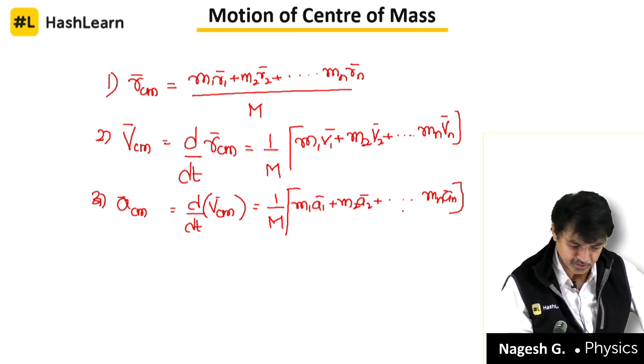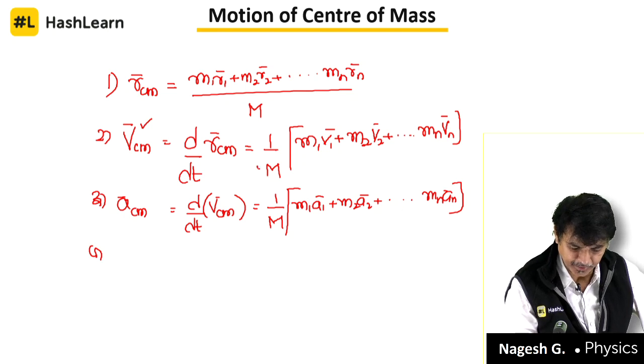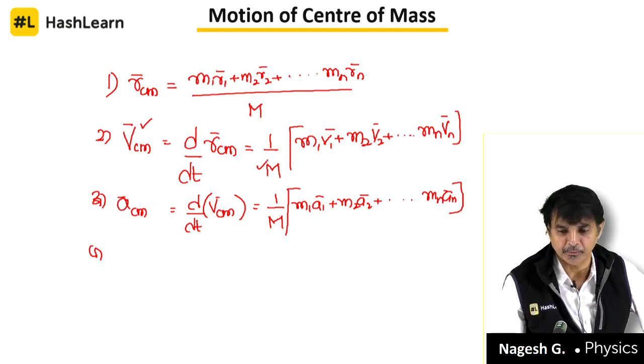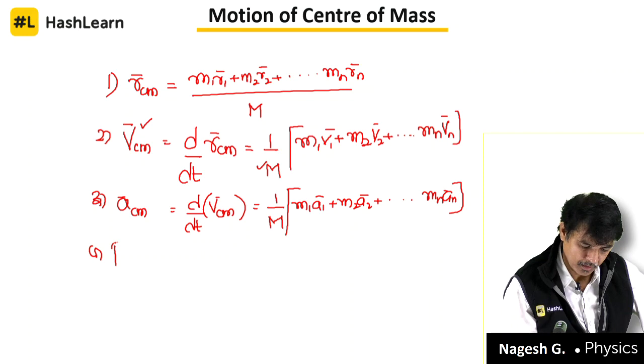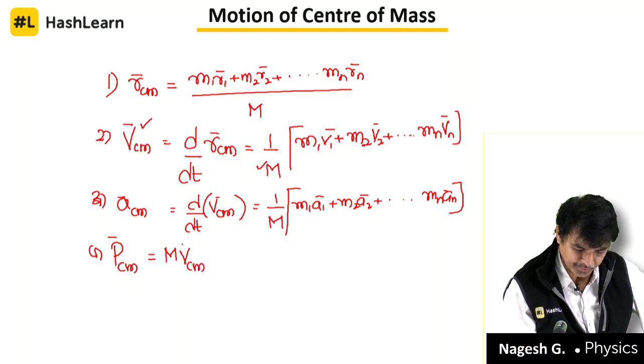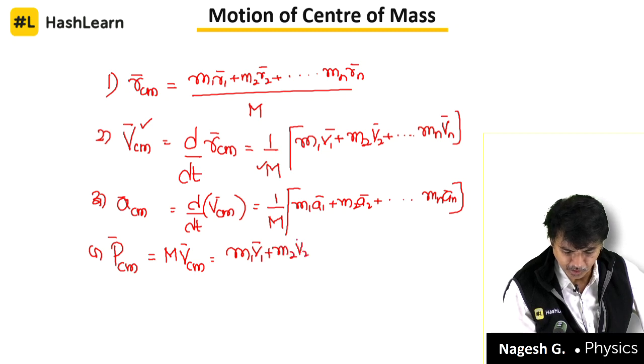That is the acceleration of the center of mass. Mass multiplied by v_CM, mass times velocity, gives the momentum. Momentum of the center of mass, P_CM bar, is equal to m v_CM bar, which is m1 v1 bar + m2 v2 bar, and so on, mn vn bar.